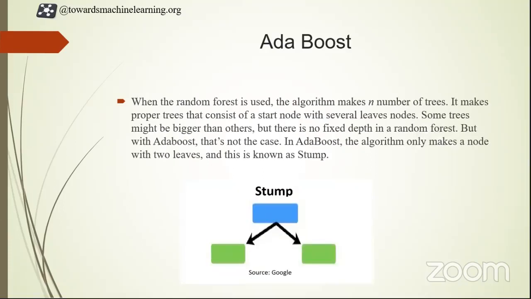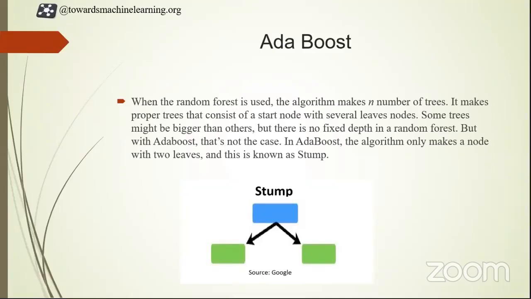Before starting the working of AdaBoost, I would like you all to understand what a stump is. You all know about decision trees and how they are made. We can build decision trees up to any level: fourth level, eighth level, tenth level.